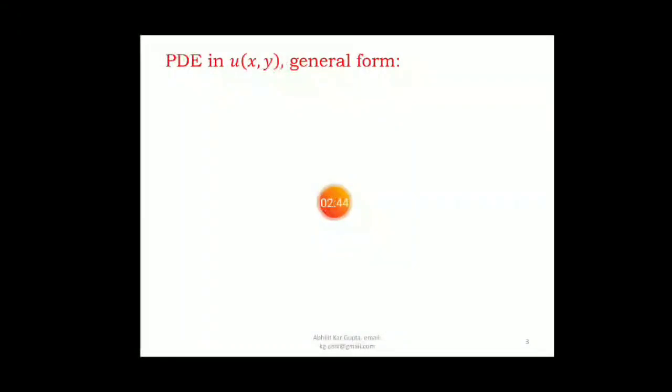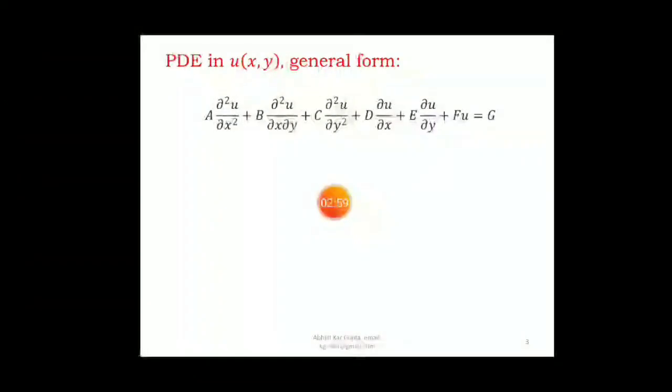We need to see how it varies: it can vary with x, with y, or with both. So we have a very general form of the partial differential equation: a ∂²u/∂x² plus b ∂²u/∂x∂y plus c ∂²u/∂y² plus d ∂u/∂x plus e ∂u/∂y plus f u equals g.